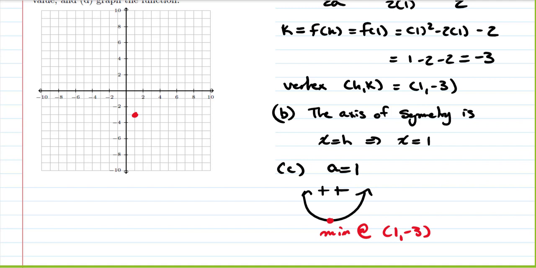So we know it's symmetric because this is our axis of symmetry, runs through the vertex. And what we do is we go 1 unit to the right and 1 unit to the left, and then we go a units up. So I go 1 unit to the right and 1 unit up, 1 unit to the left and 1 unit up, and that gives me my 3 points with which to make a parabola.